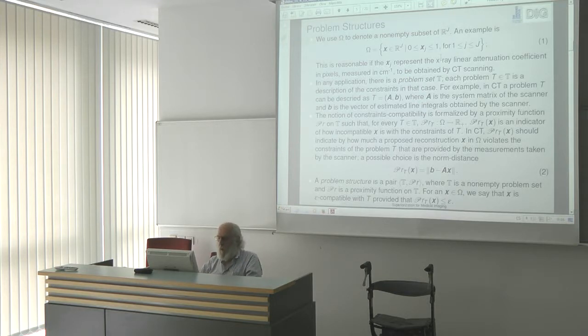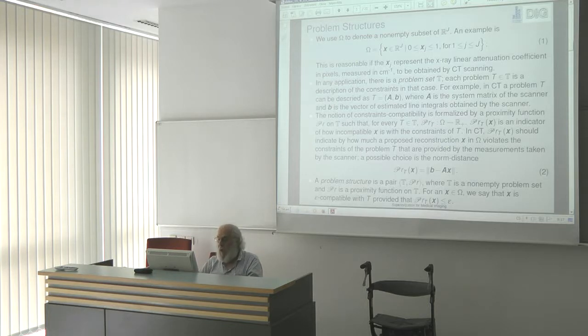If you're in computerized tomography and your interpretation of x of j is that it's an estimate of the X-ray linear attenuation coefficient in the pixel, then this constraint would be satisfied for any human body. In an application, you usually have a problem set. And in CT, the problem set would be the set of specific things that you have to reconstruct.